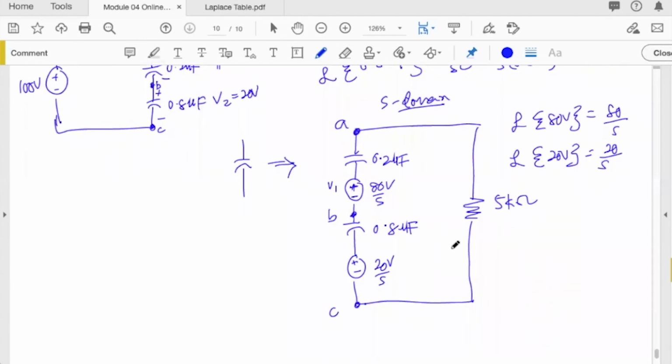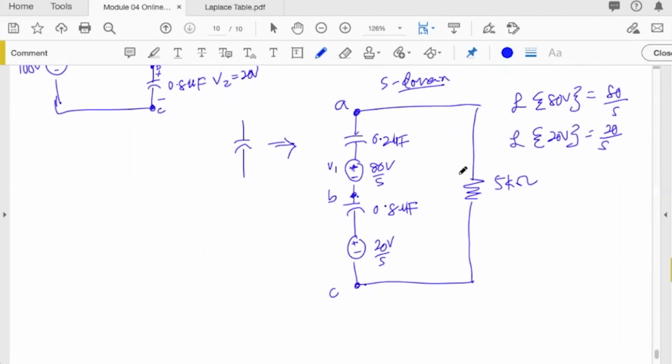So why do you need to change this into S domain? Because when you want to solve the changes of voltage that are being built or stored inside the capacitor, you need to solve the differential equations. Okay, so since we don't want to use normal differential equation techniques, it's easier for us to borrow Laplace transform to solve the problems.